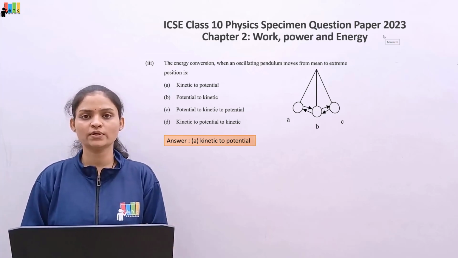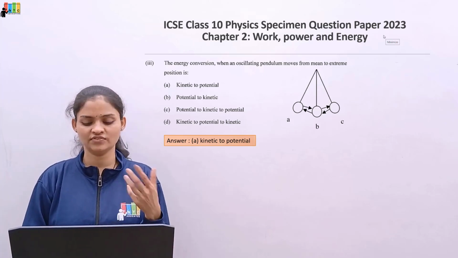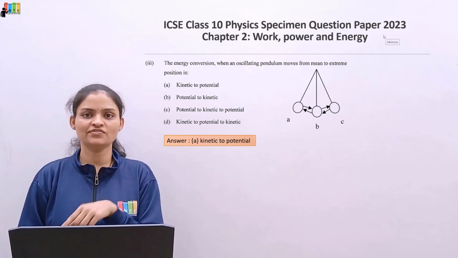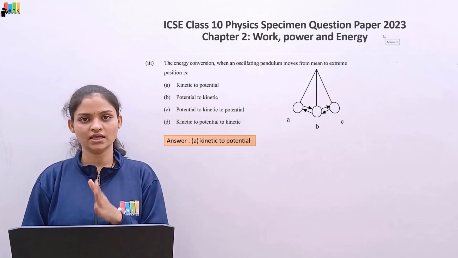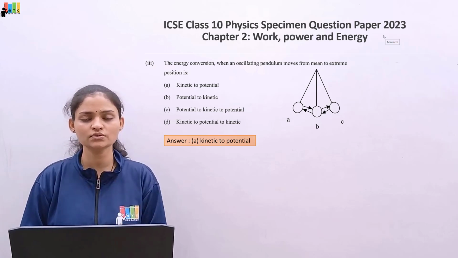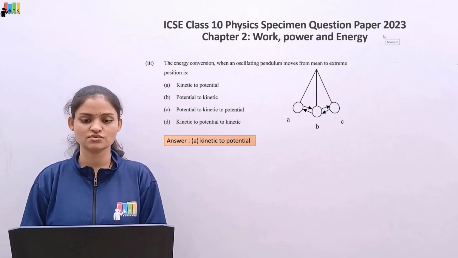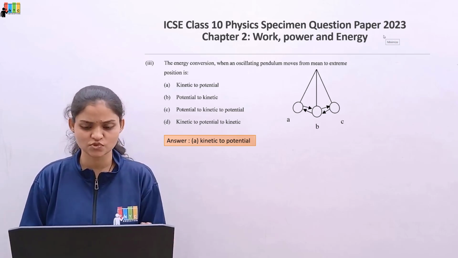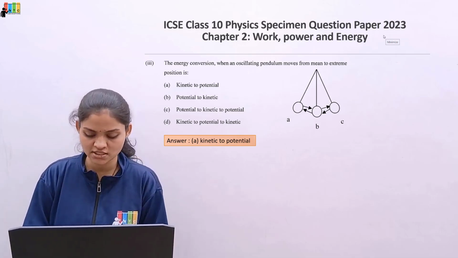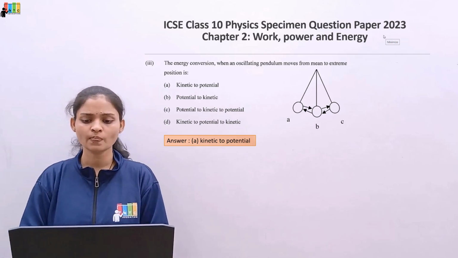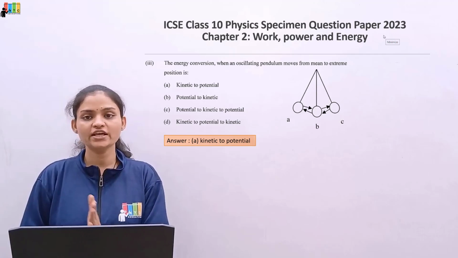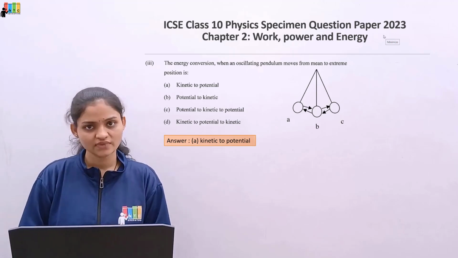So the oscillating pendulum starts, we can imagine that it starts from the mean position, goes to one extreme, and then again to the mean position, and again to the other extreme position. What is asked is from mean to extreme. So you can take either of the two extreme positions. The mean position is B, so from B to C or B to A.